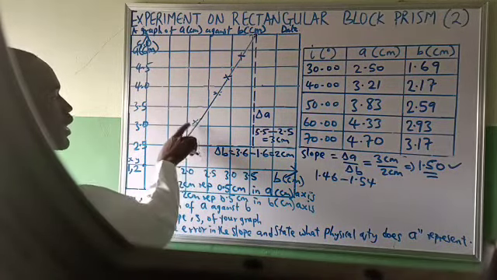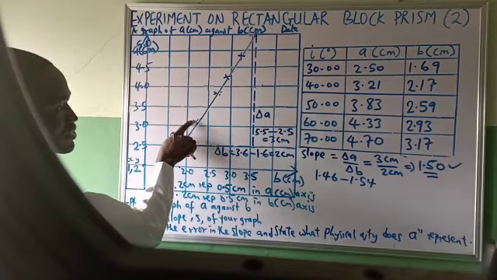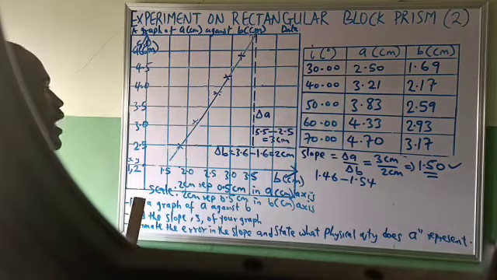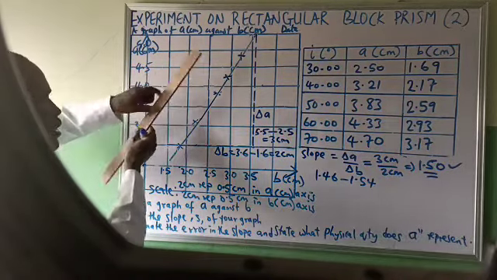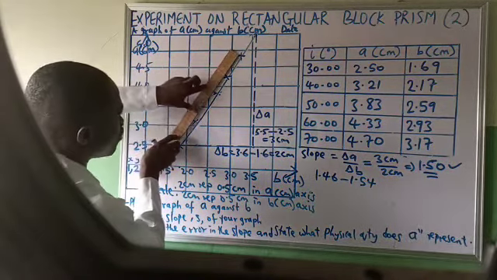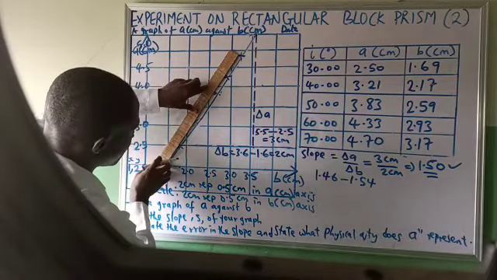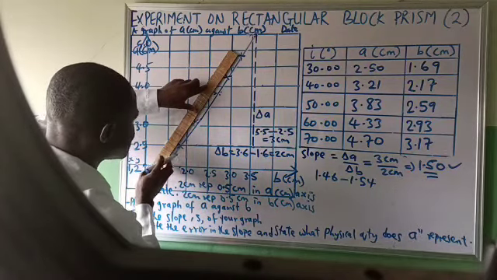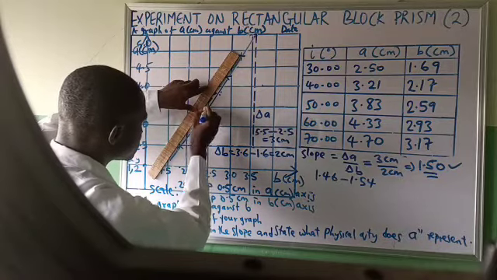In this, only one point is very close to the line but not on the line. So that one point that is very close to the line, I will put my ruler on it such that I can get a line that will be parallel to the line of best fit.